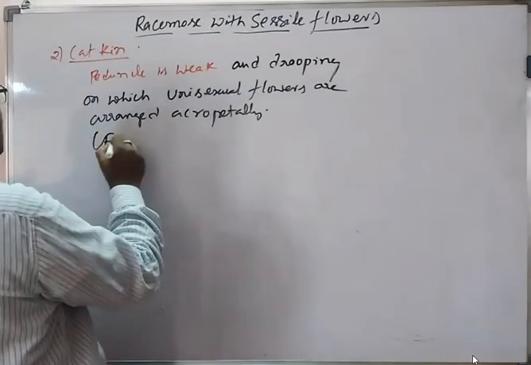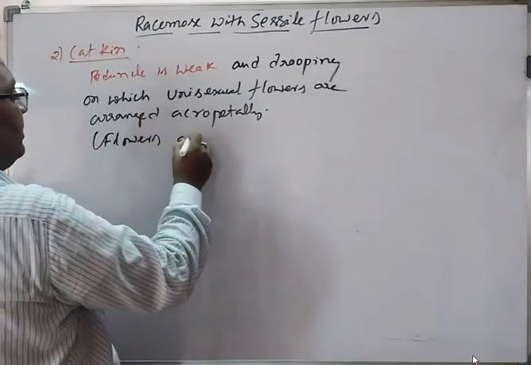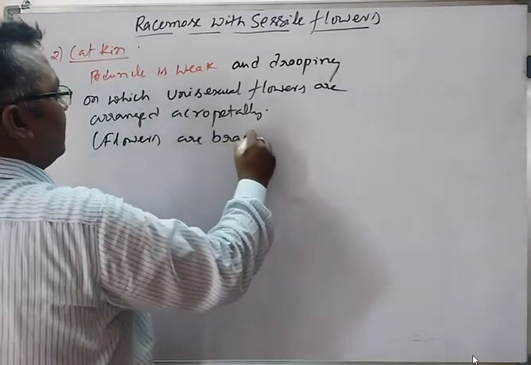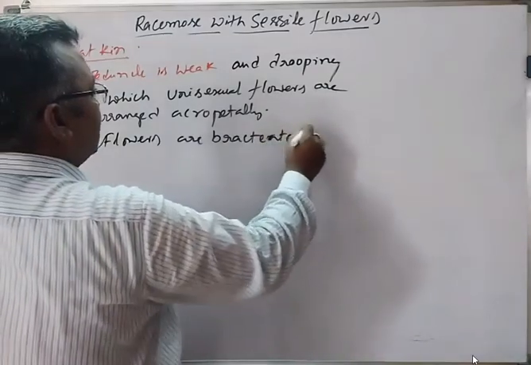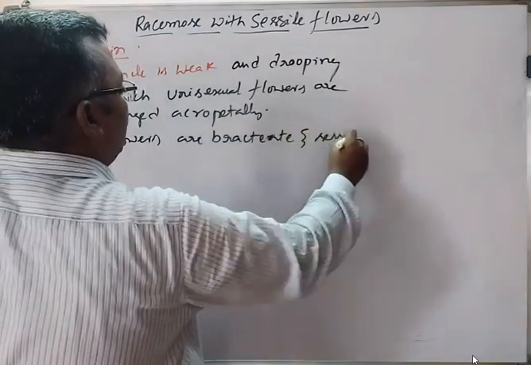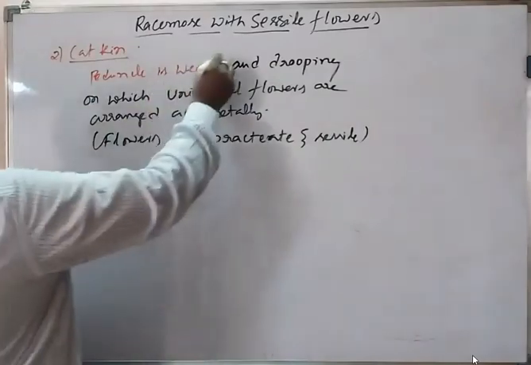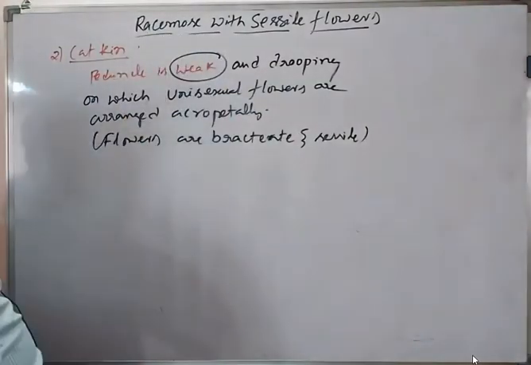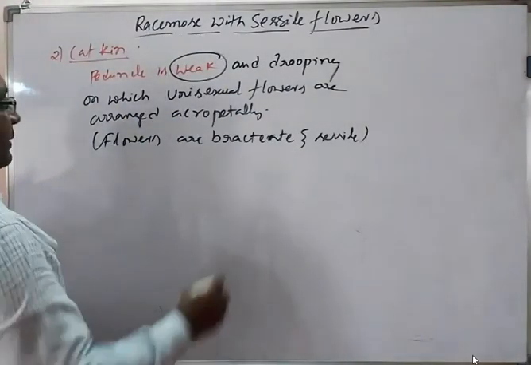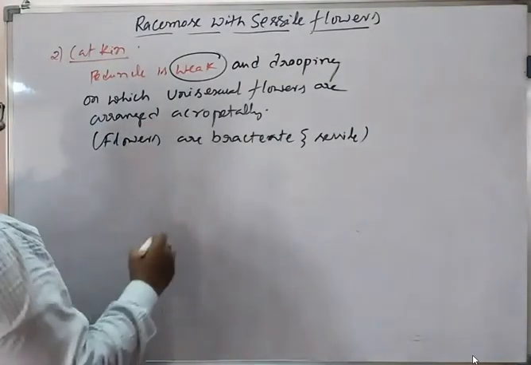Here flowers are bracteate and sessile. So the only difference is the weak peduncle. Peduncle is weak and drooping.